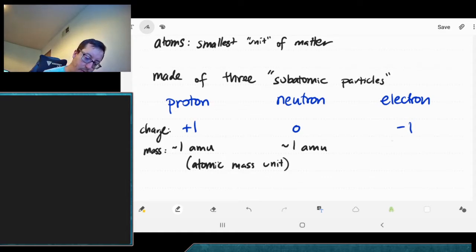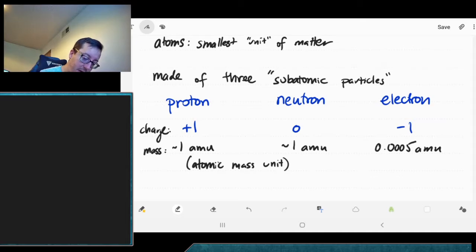And electrons, by contrast, have a very, very small amount of mass. Actually, I think there's another 0 here. Yeah, one more 0. So, very, very small.